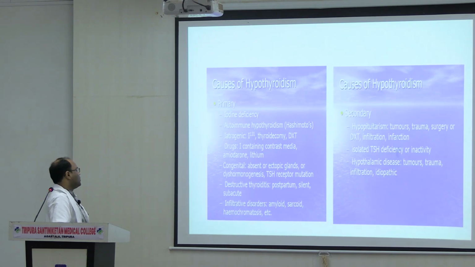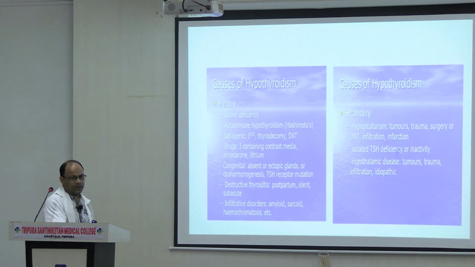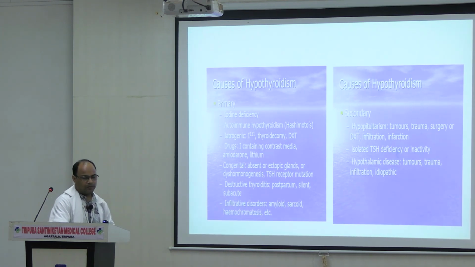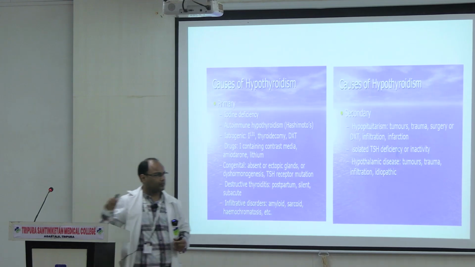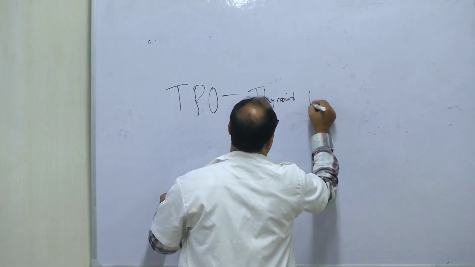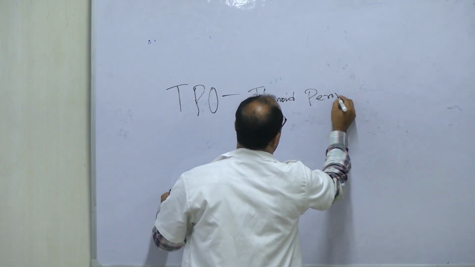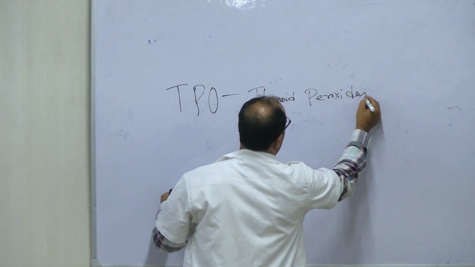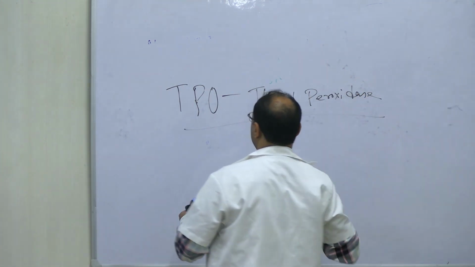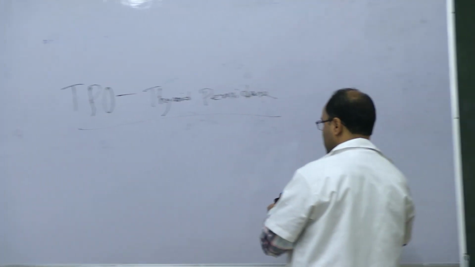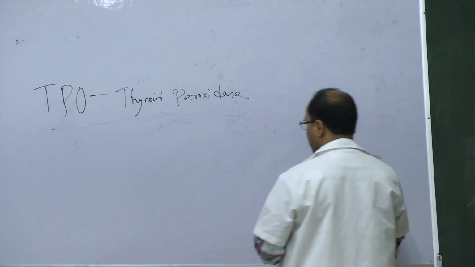Next is autoimmune hypothyroidism. There is Hashimoto thyroiditis. As I told earlier, patients may develop antibody against this enzyme, TPO, thyroid peroxidase enzyme. That is called anti-TPO antibody.